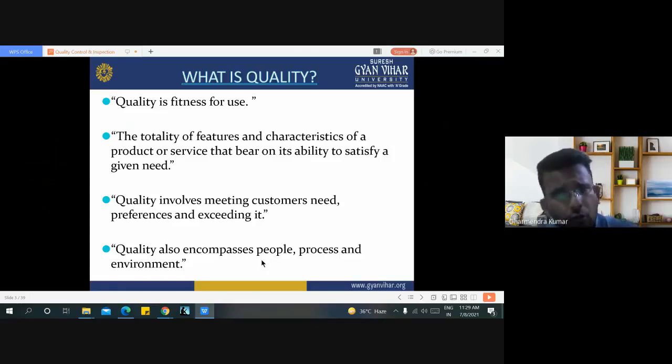Overall, quality is a measurement of our output standard when we compare it to our desirable standard.